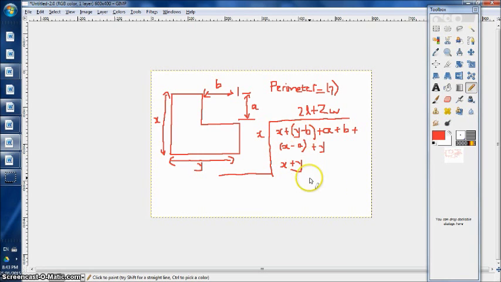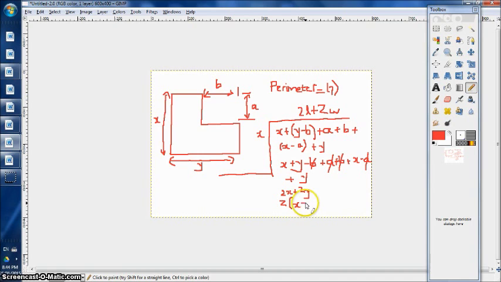You have X plus Y, then remove the brackets, minus B plus A plus B plus X, minus, again removing the bracket, X minus A, plus Y. So my X and X is 2X, plus Y and Y is 2Y, minus B and plus B cancels out, plus A minus A cancels out.